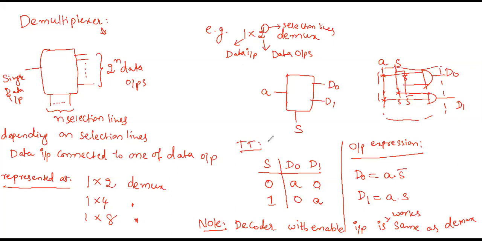Okay, this is about the demultiplexer. If you have any doubt, you can ask me. The opposite action for the multiplexer is the demultiplexer. So we'll go with 1 by 4 demux and we'll end this topic.